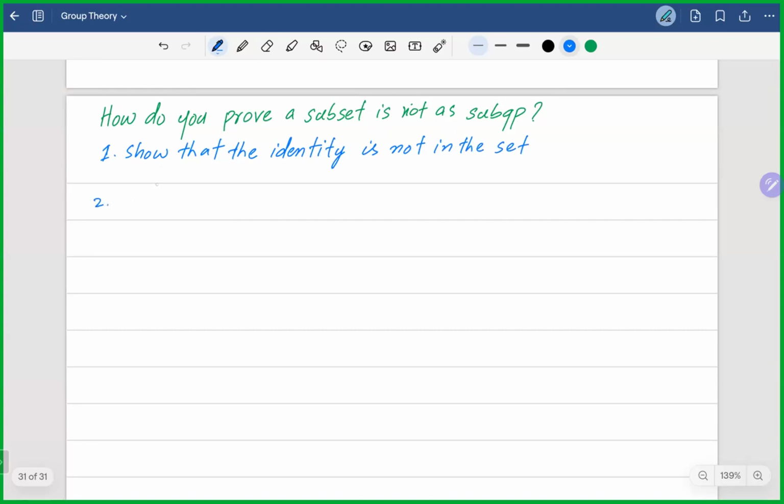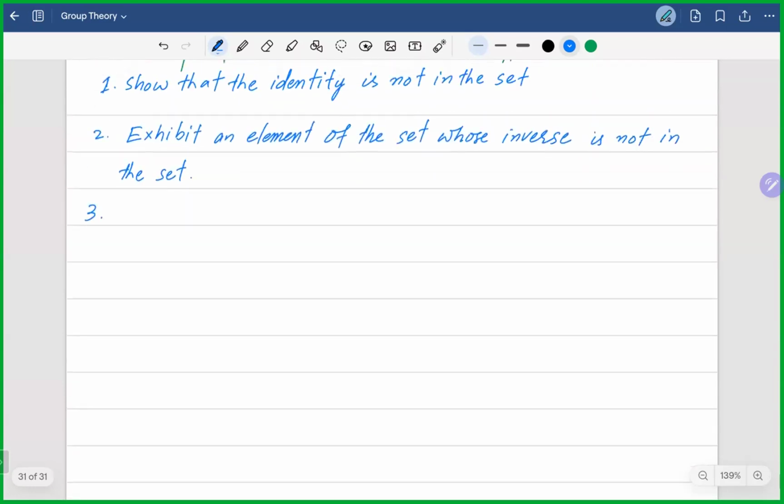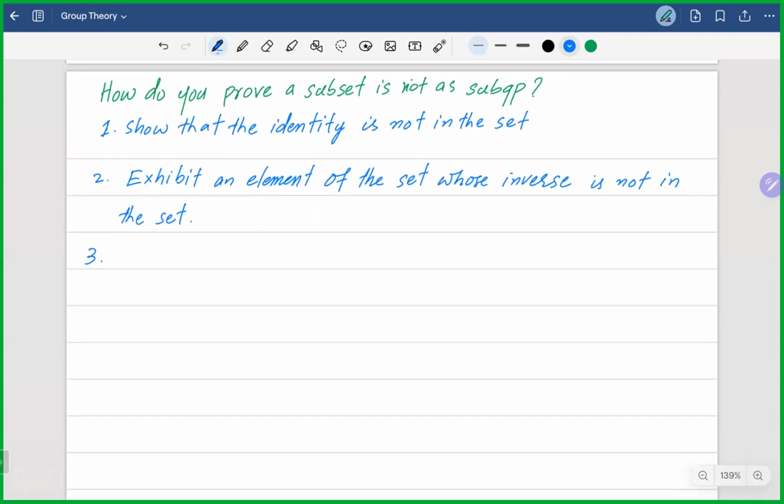Exhibit an element of the set whose inverse is not in the set. 3. Exhibit two elements of the set whose product is not in the set.